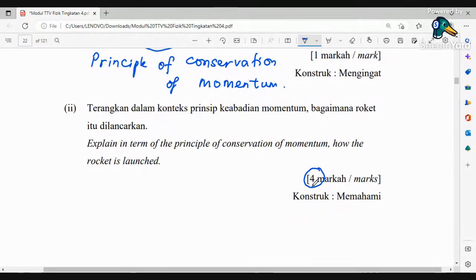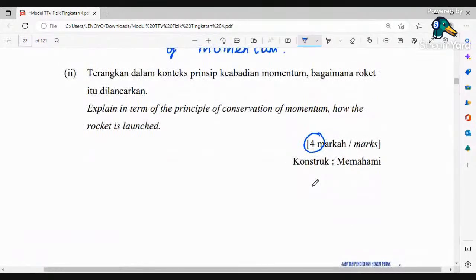Okay, first, you know that for rocket, they carry oxygen and hydrogen. Okay, ini mesti ada oxygen dengan hydrogen.